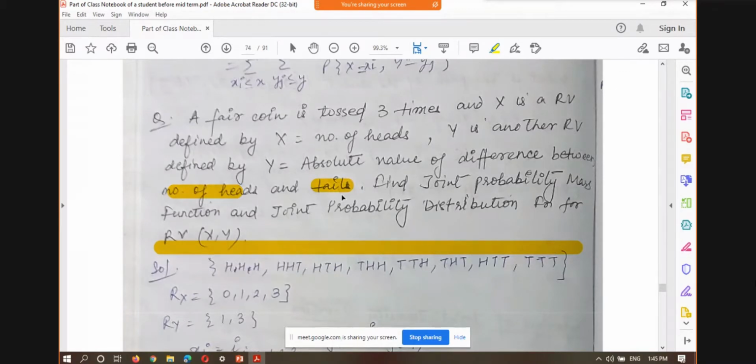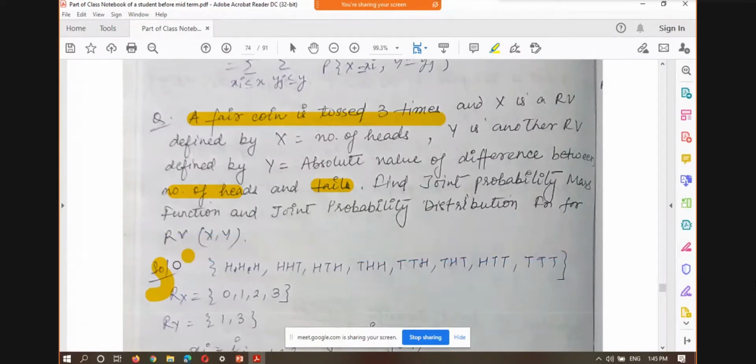I know from our experience that if a coin is tossed three times, then this is the sample space. And TT. So these are the outcomes of the experiment.